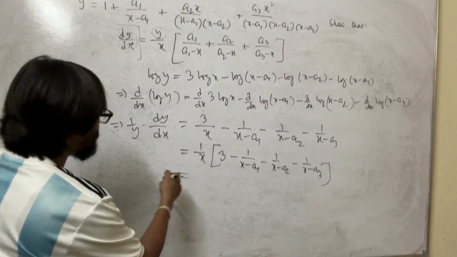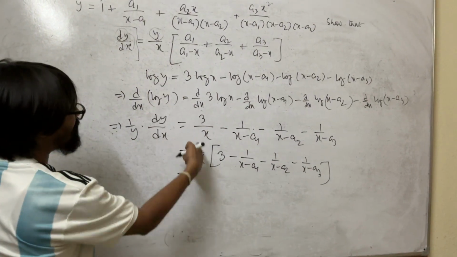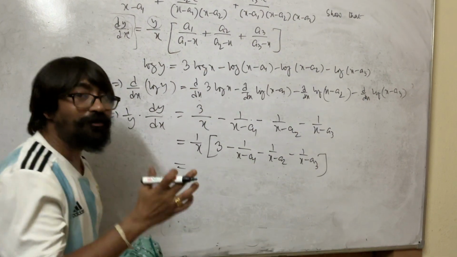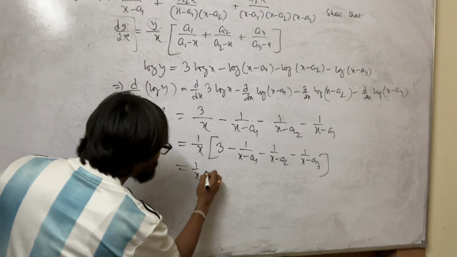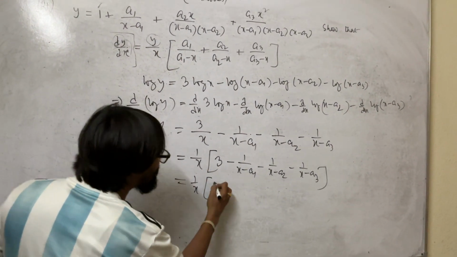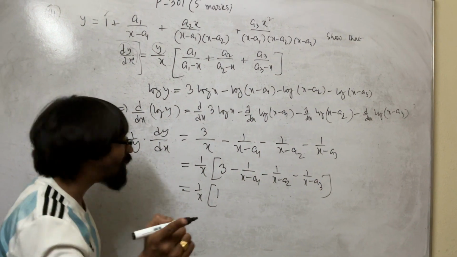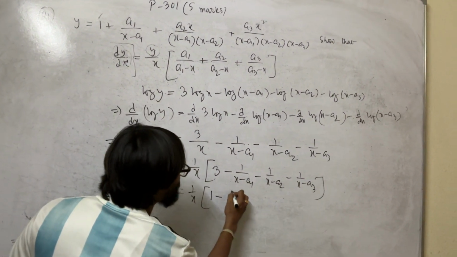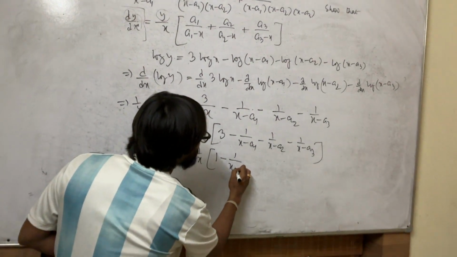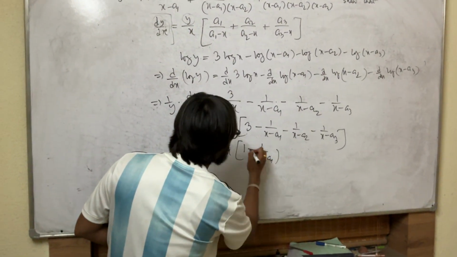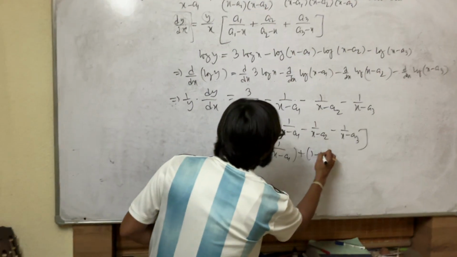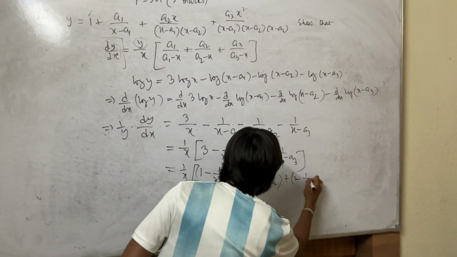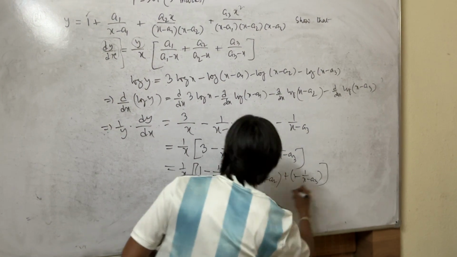What I can do more, I have already got the form y by x, but this needs to be taken care of. How do I do that? Now look at this. This is a specific case happening. If I can write this 3 as 1 plus 1 plus 1 and give each one to these expressions, then what it becomes? 1 minus 1 by (x minus a1), I pair this, plus 1 minus 1 by (x minus a2), I pair this, and then 1 minus 1 by (x minus a3), I pair this.